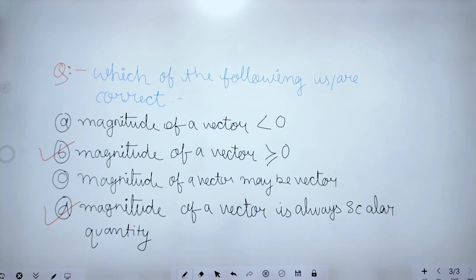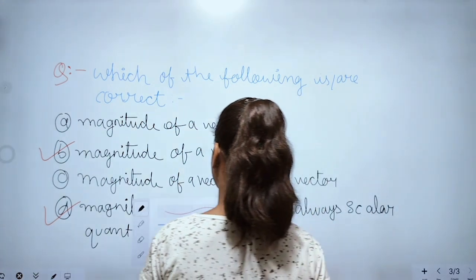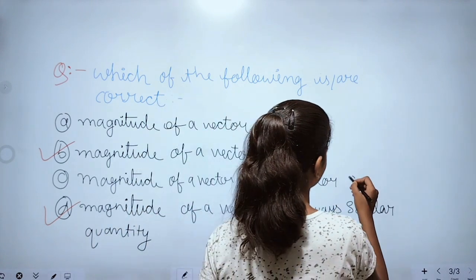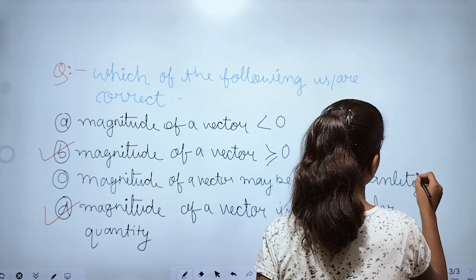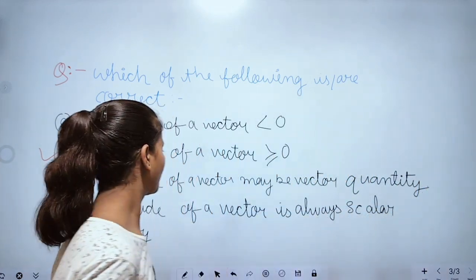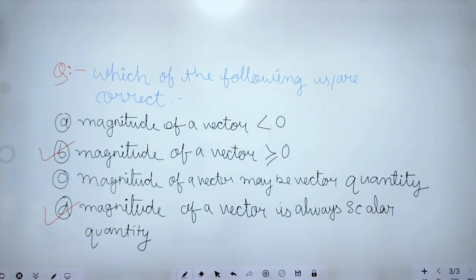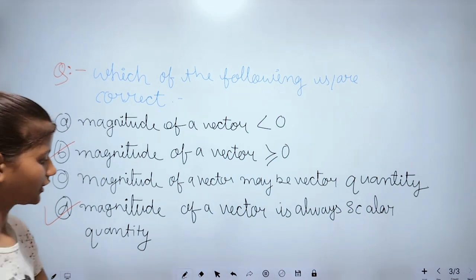Yes, this one is true. And C, magnitude of a vector may be a vector? No, the magnitude of a vector is always a scalar quantity, not a vector quantity. So B and D are our correct options.